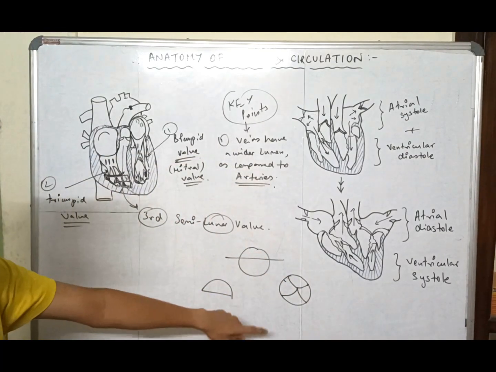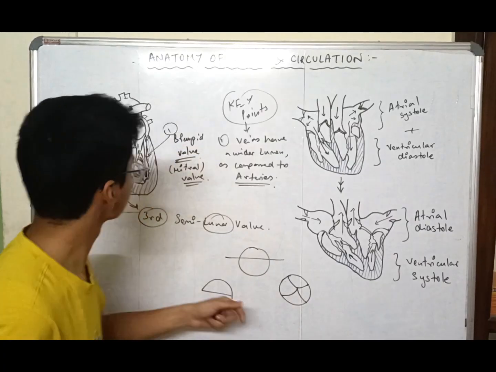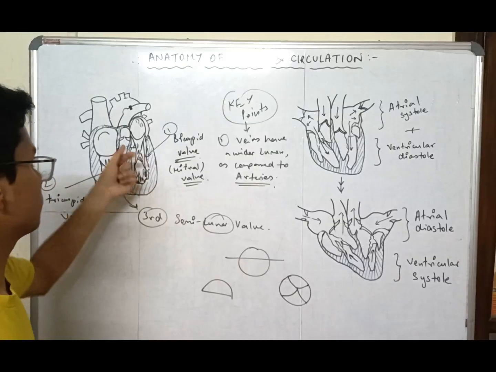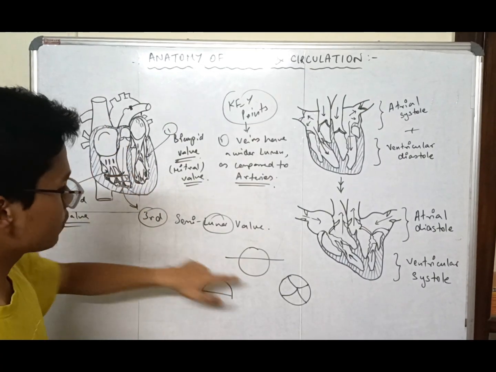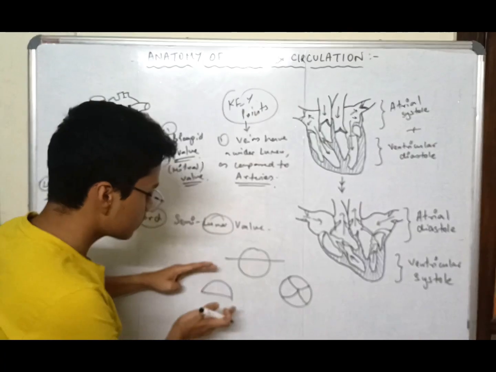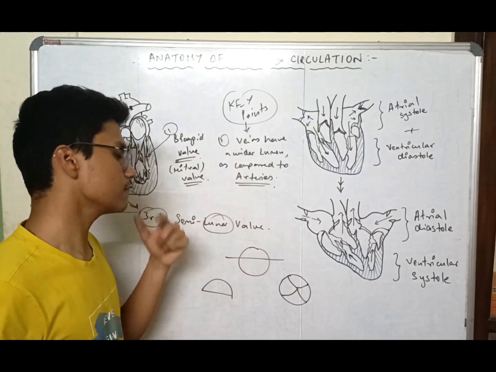Exactly, that is how the valve will show. I just drew it magnified because it would be difficult to see in such a small area. Magnifying this, you will see that it resembles a semilunar shape. So that's where the word semilunar valve comes from.